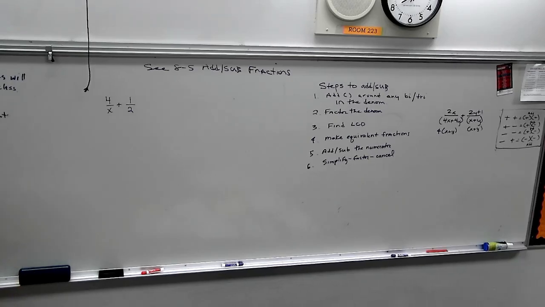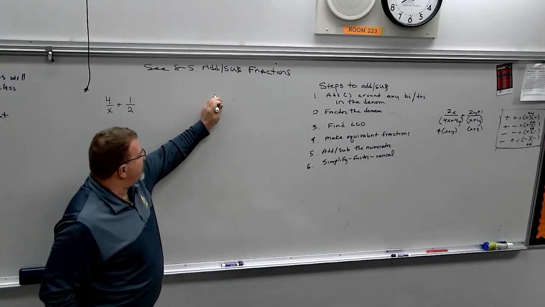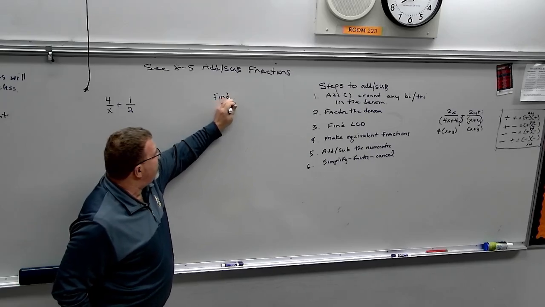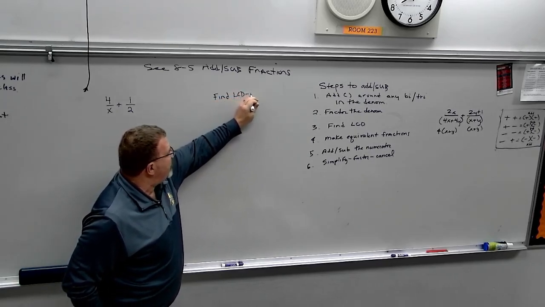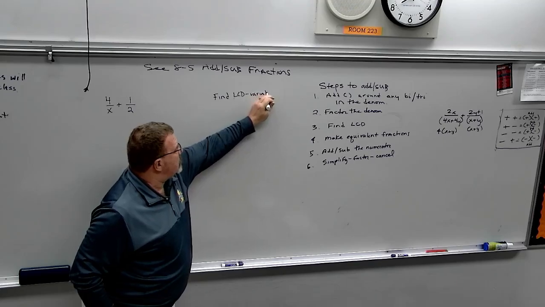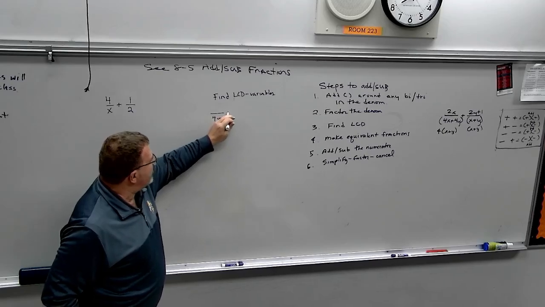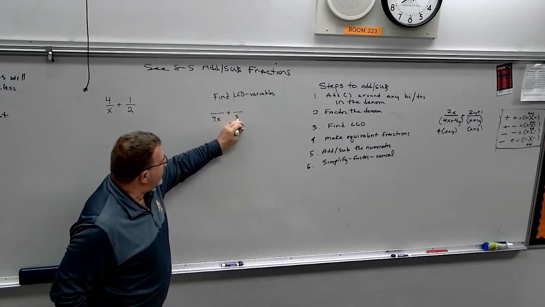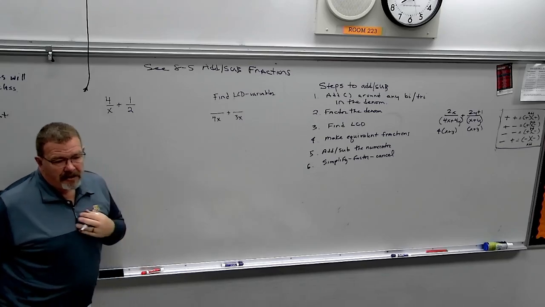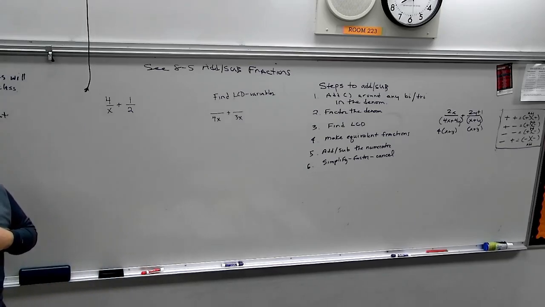Let's spend a minute talking about LCDs, how to find lowest common denominators with variables. I'm going to come back to this in a minute. I'm going to jump off to the side and let's show you how to find LCDs with variables. Okay? If I gave you 4x and a 3x, work with your numbers like you would always do.